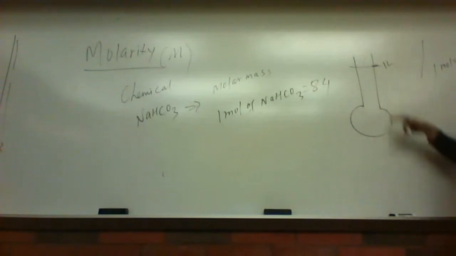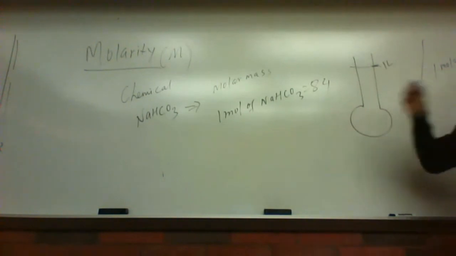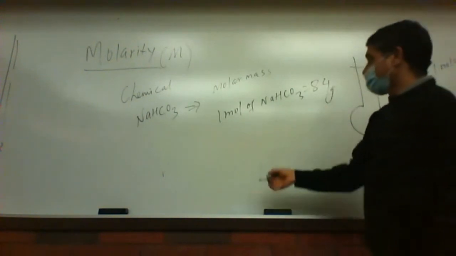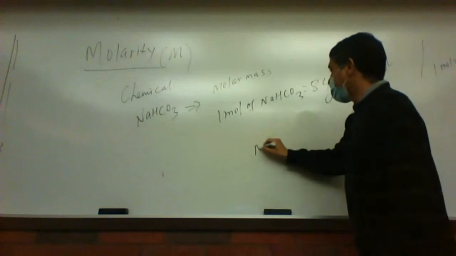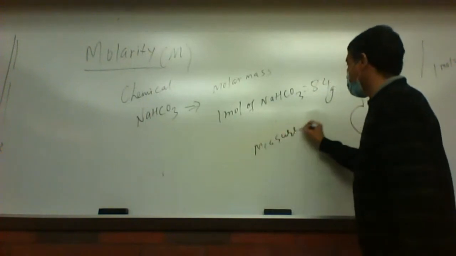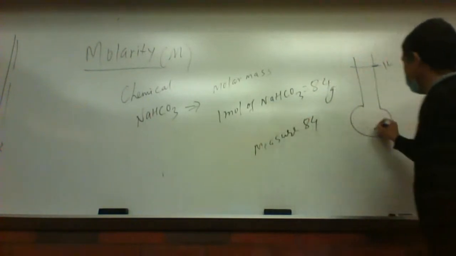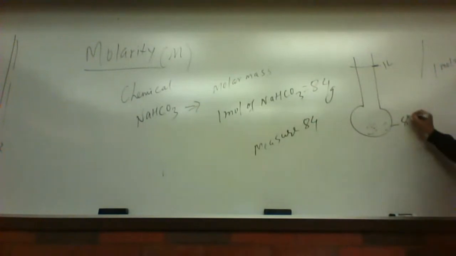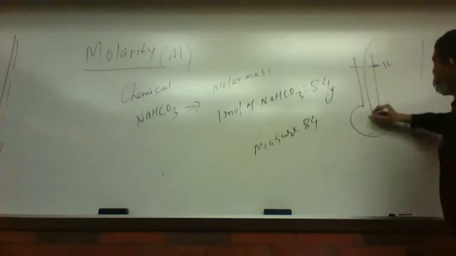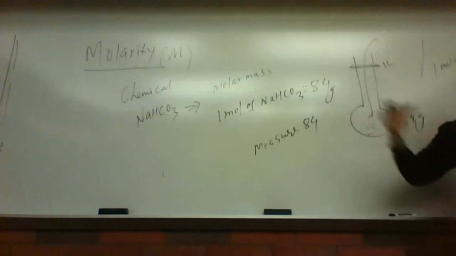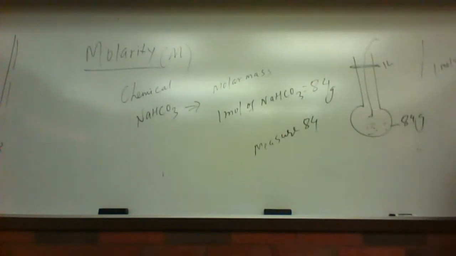It is the 1 liter mark. So we go to the bottle of the chemical and measure 84 gram of this and put it here, and then add water so that it reaches 1 liter, and then shake it. That's called the 1 molar solution.